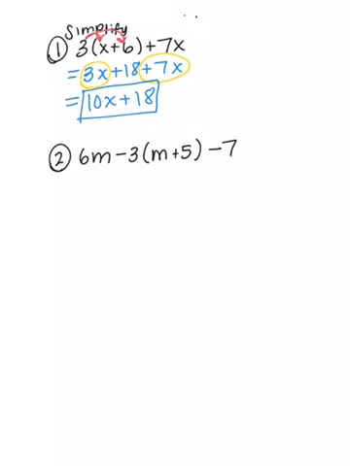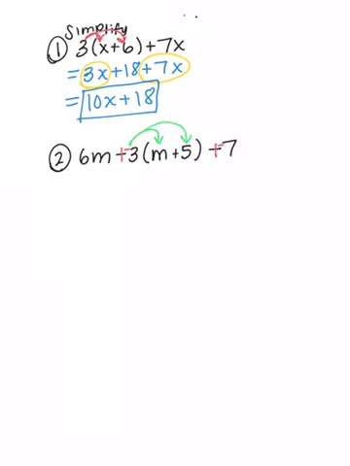And if you remember, what I've been encouraging you to do when you see a subtraction sign is to change it to addition, and then that makes the number that came after it change signs. So this would become plus a negative 7 as well. So now it's a little easier for you to see here that what we are distributing is this negative 3 to what's inside of the parentheses here.